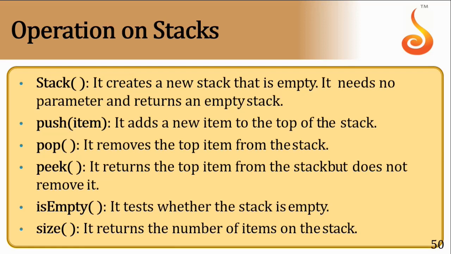Because the push and the pop happens from one end, that is the top of stack. Pop removes the top item, which was the latest item pushed in, would be the element removed. That is, last in would be the first out. Peek returns the top item from the stack but does not remove it.